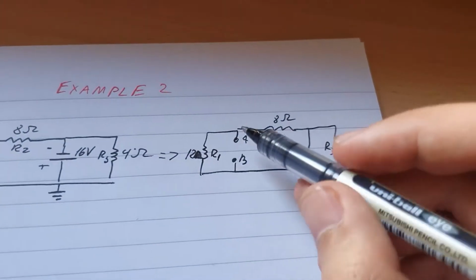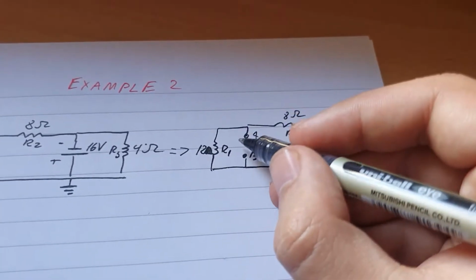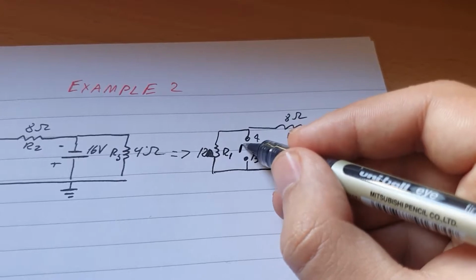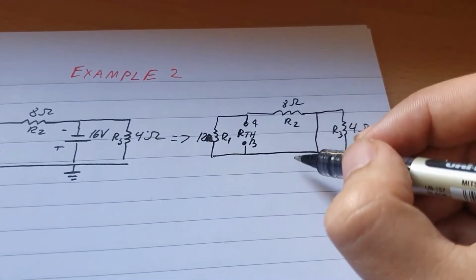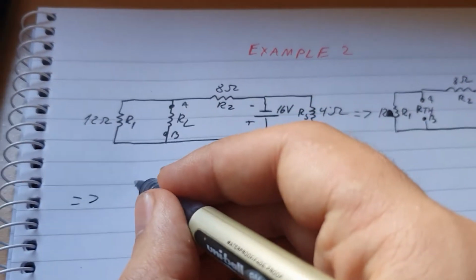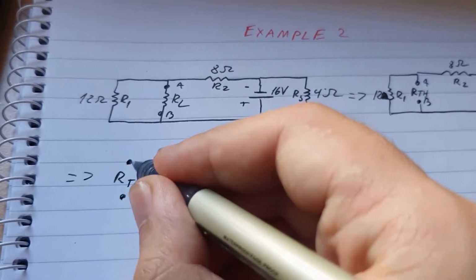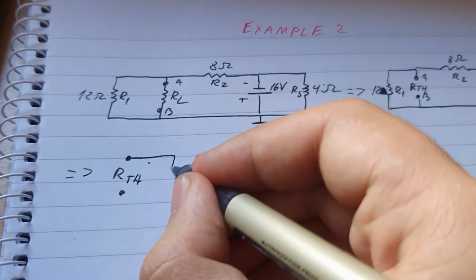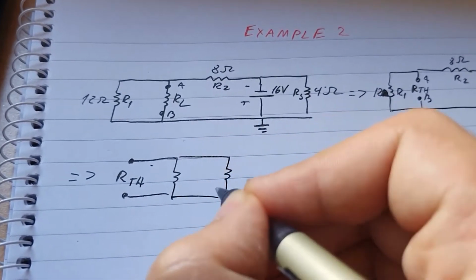Instead of having one resistor on this side being the Thevenin resistance, let me write it here. So this one being RTH, and this one being the 8 ohms, both of them in parallel. We can also write it like this: RTH, and then one resistor here, and one resistor here.